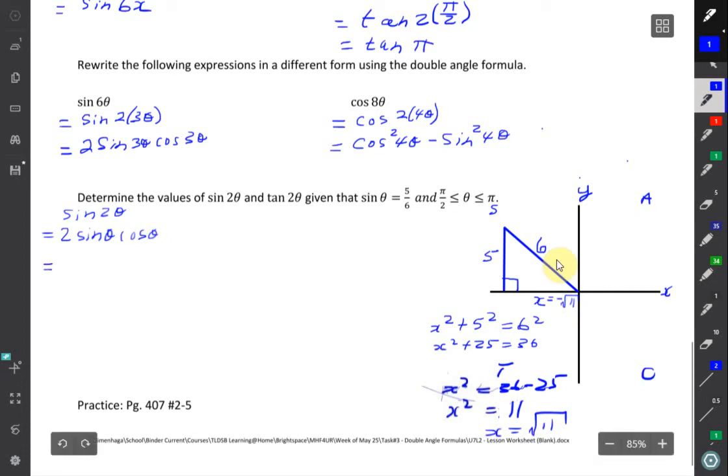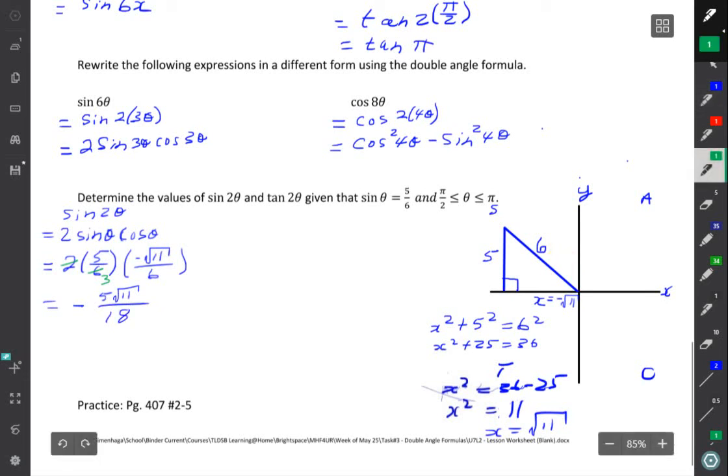Substituting into the formula, 2 times sine theta, which is 5 over 6, times cos theta, which is minus the root of 11 all over 6. Simplifying, we can cancel or reduce this fraction. 2 goes into 2 once, and 2 goes into 6 3 times. That leaves us with negative 5 root 11 all over 18.